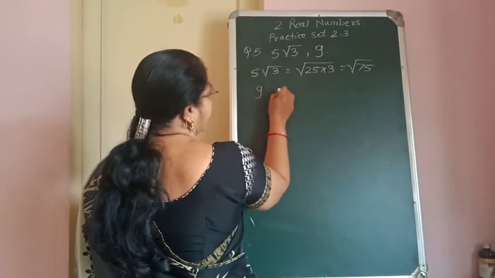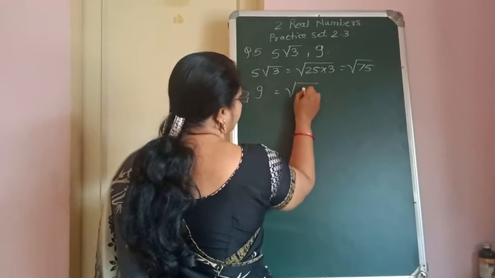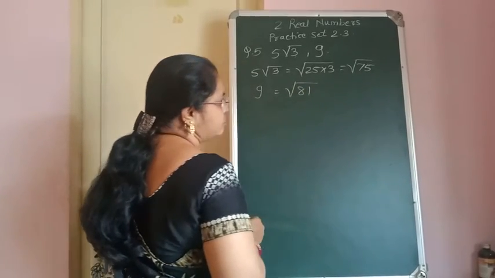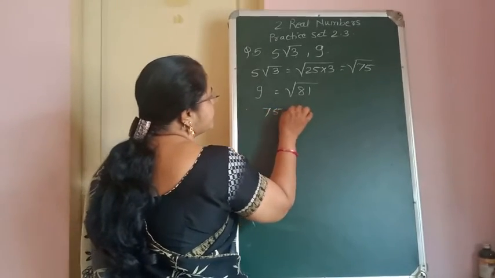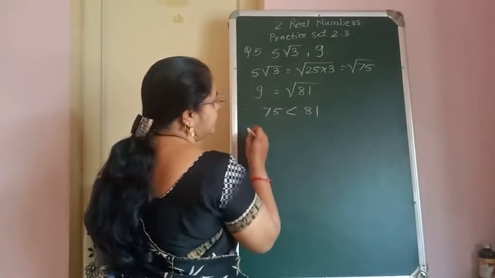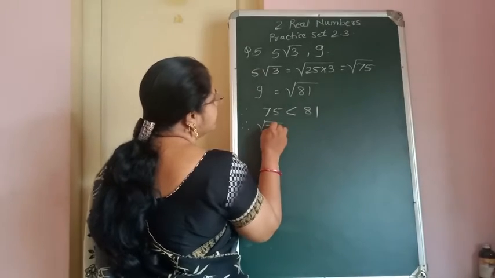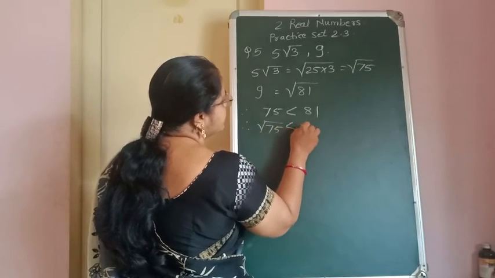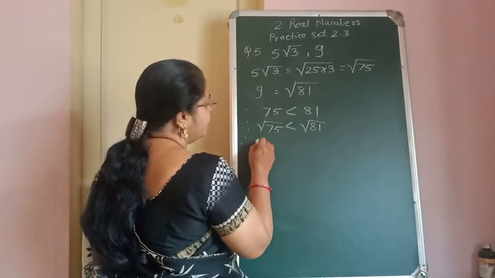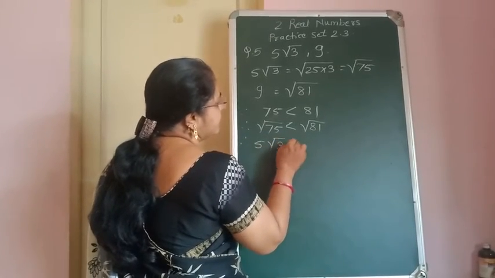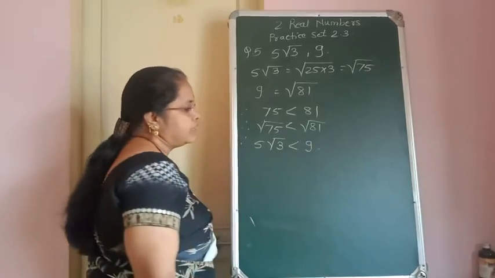And this 9 I can write in square root sign as 81. So 75 is less than 81. Taking square root on both sides, root 75 is less than root 81. That is 5 root 3 is less than 9.